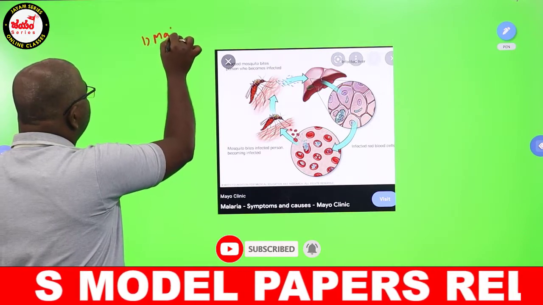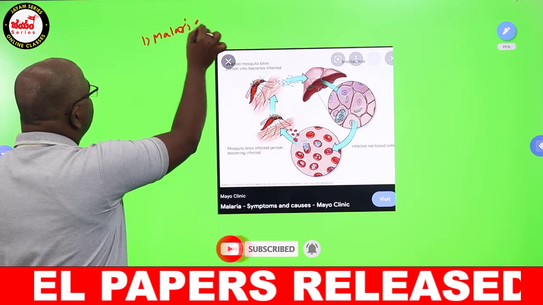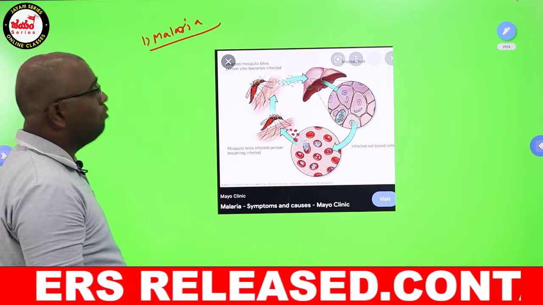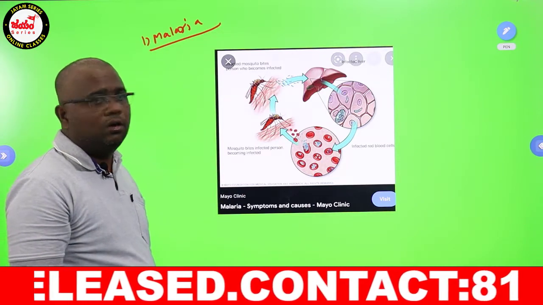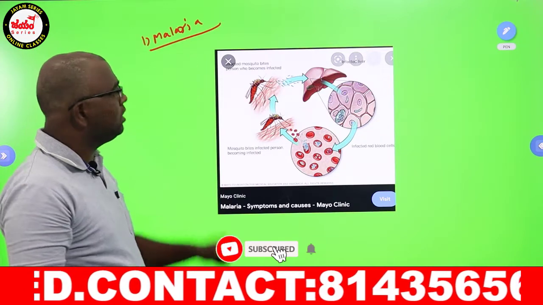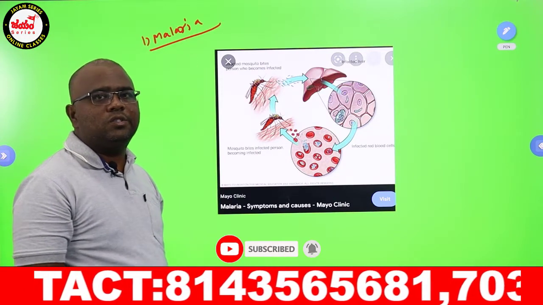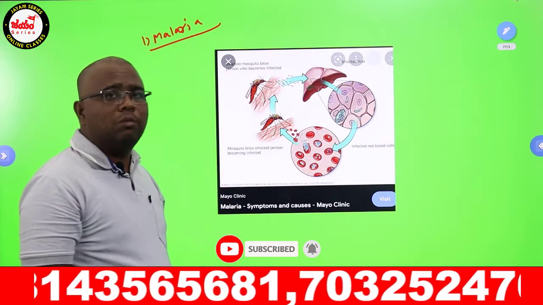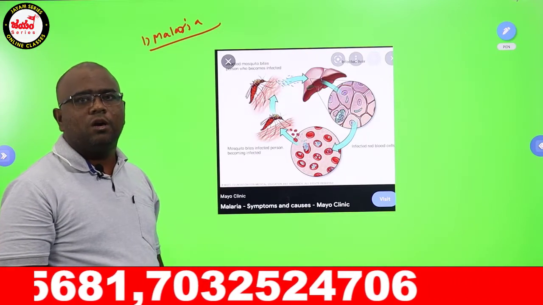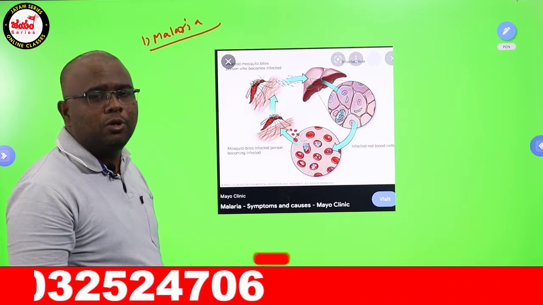In protozoan diseases, there are a total of 4 diseases, and the first is malaria. The malaria disease is caused by which protozoan? The protozoan name is Plasmodium vivax. Malaria is a very important protozoan disease.